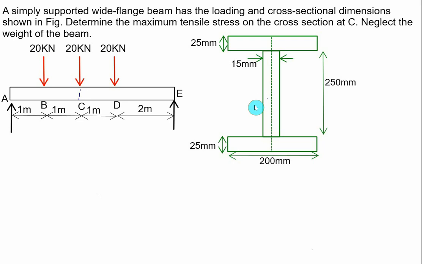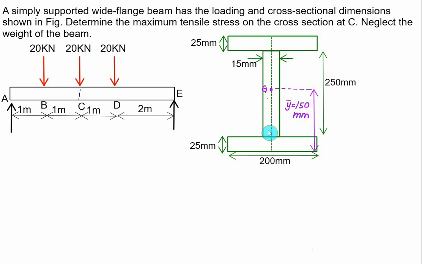We have the centroid. This is the position of the centroid, and the position of the centroid, that is y bar, from the bottom fiber of the bottom flange will be equal to 150, that is 250 plus 25 plus 25 is 300, 300 by 2, that is equal to 150. The centroid AG is at a distance equal to y bar, that is 150 mm.